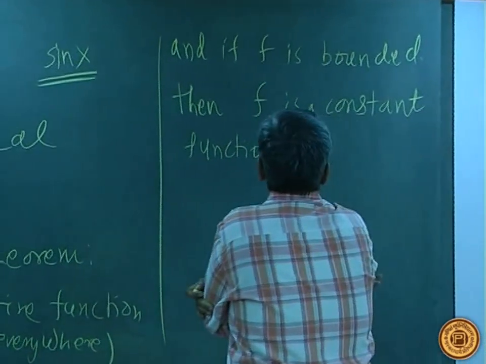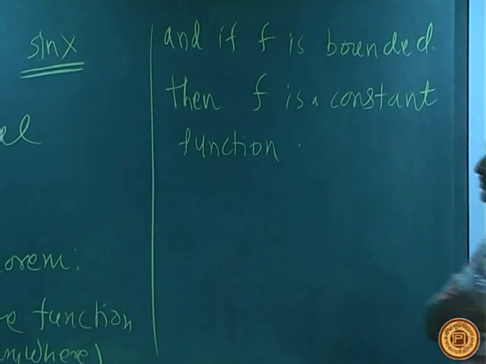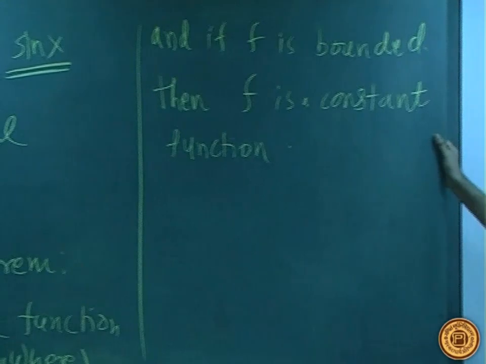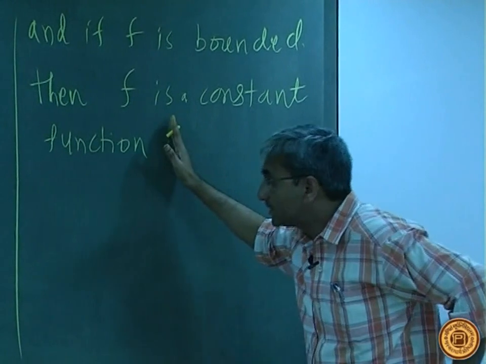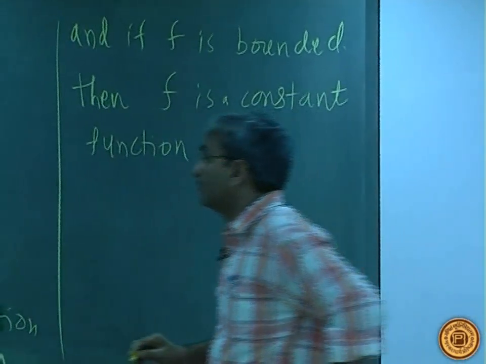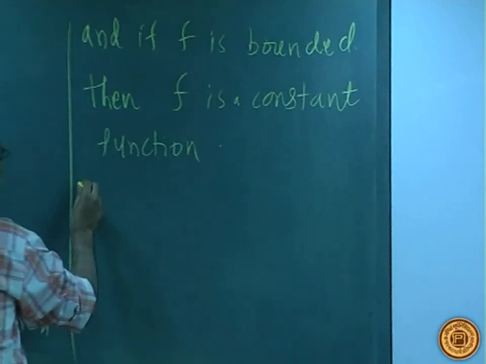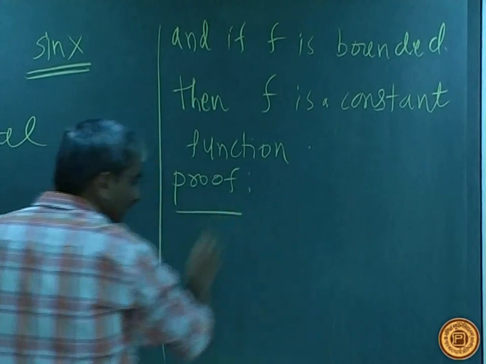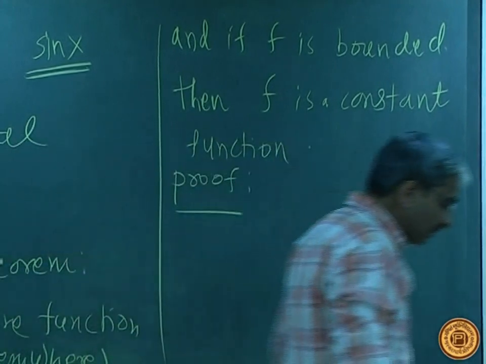This is typically a complex phenomenon, and immediately as an application one can say that sin z and cos z are not bounded. Something that would surprise us. By Liouville's theorem we will get that sin z and cos z are not bounded. So let us see the proof of Liouville's theorem as an application of the Cauchy integral formula.